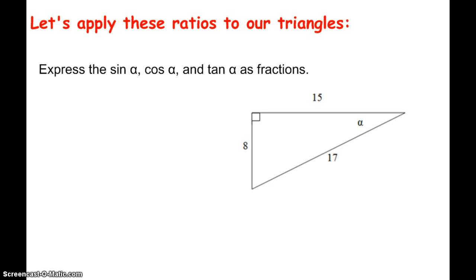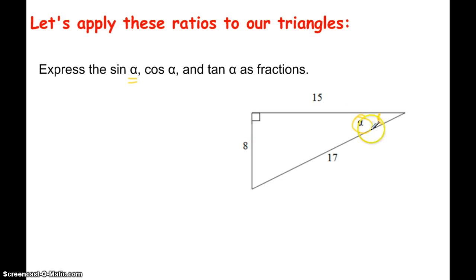So I want to write sine of alpha, cosine of alpha, and tangent of alpha as fractions. Alpha is my angle, that's this angle right here. And I want to write the ratios, sine, cosine, and tangent of that angle as fractions.